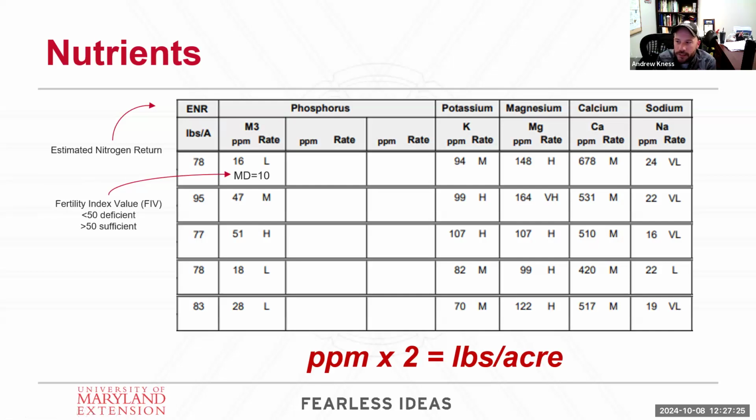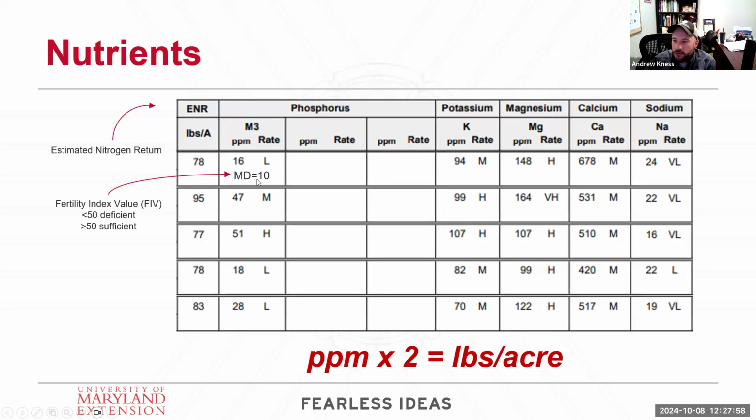And what the fertility index value does is basically normalize all your nutrients into a scale from 0 to basically 100 or 150, where if you're less than 50 on that scale, that means that nutrient is deficient. And if you're above 50 on that scale, that means you're sufficient. If you're over 100, that means you're in excess.